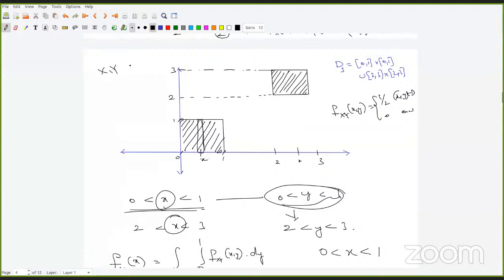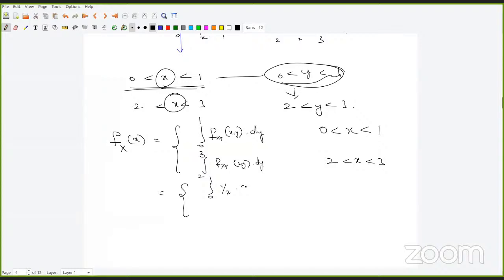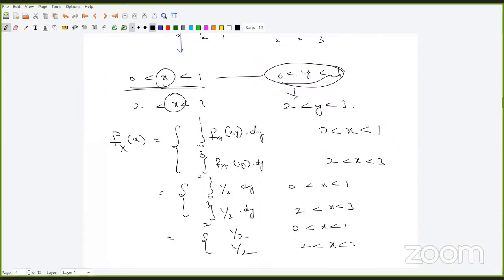Here we are considering only the case where x and y are uniformly distributed in this region D. So now this will be the integral from 0 to 1 of half dy, and this is also the integral from 2 to 3 of half dy, when x is in between 0 to 1, or 2 to 3. The value of this is half. So we get half when x is in between 0 to 1, and the same half when x is between 2 to 3.